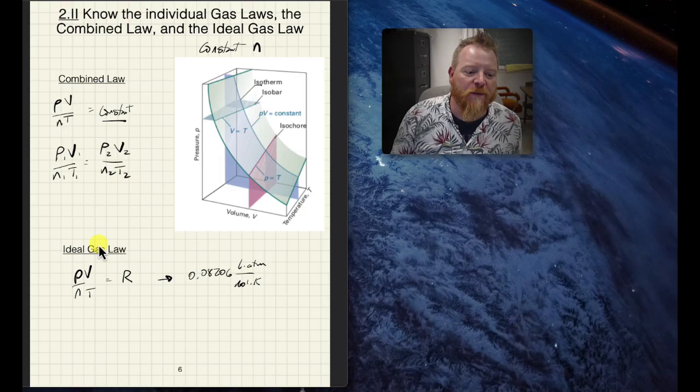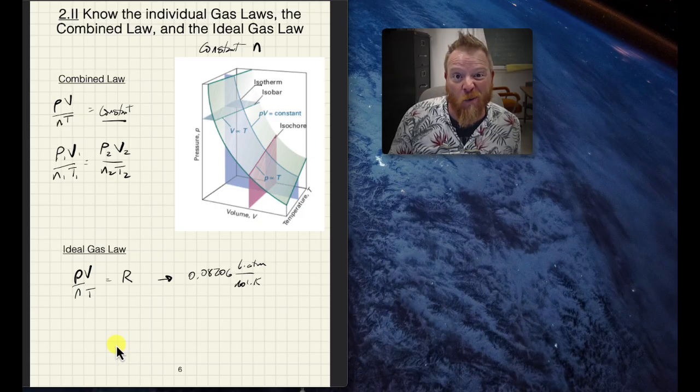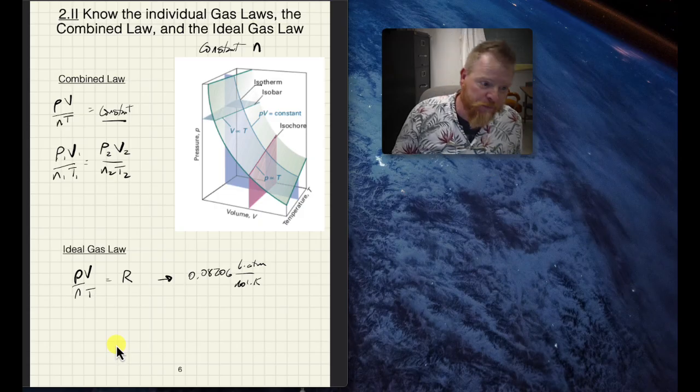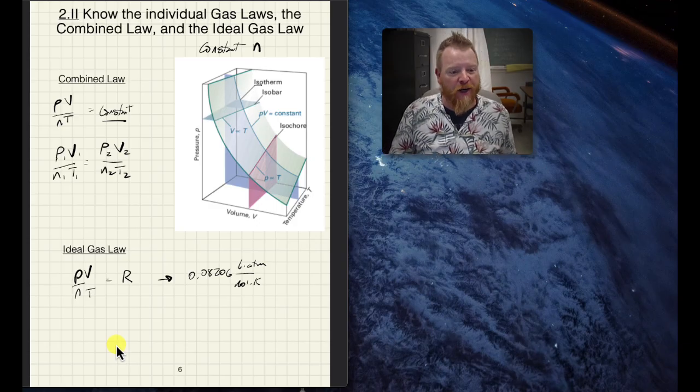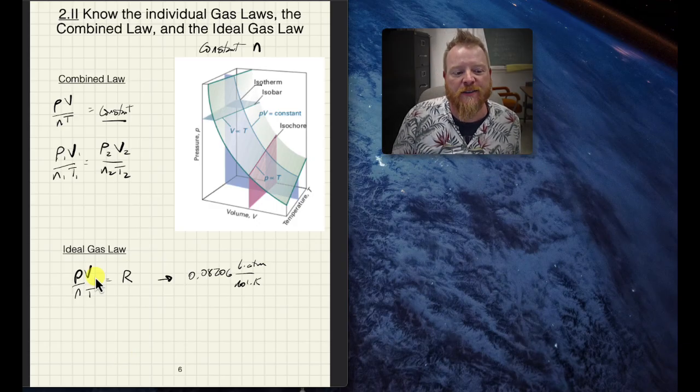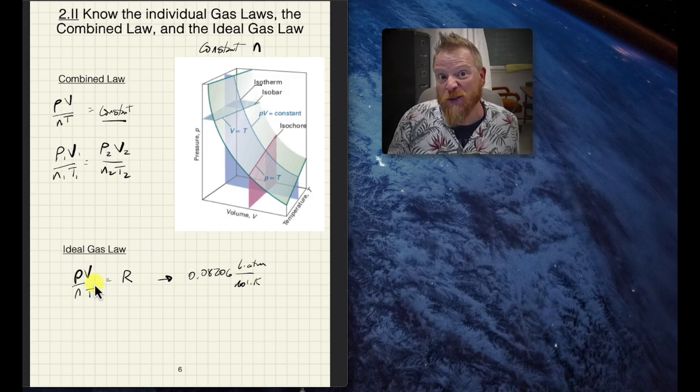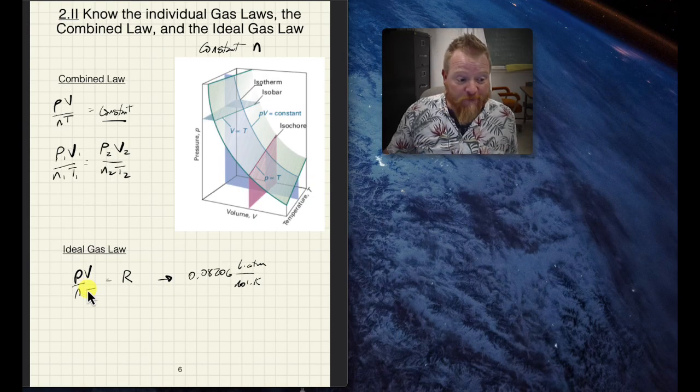So all of these relationships are what we think of as a limiting law, so they're condition specific. And now we're going to go into a lot more detail uncovering when these conditions no longer apply. So when our gases no longer behave in this perfectly ideal way. Okay, more on that in the coming videos.